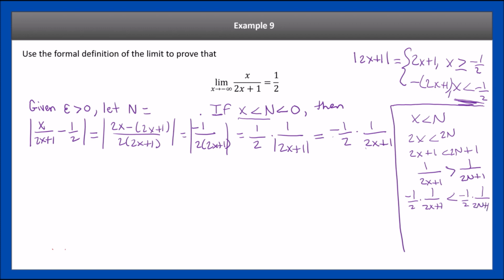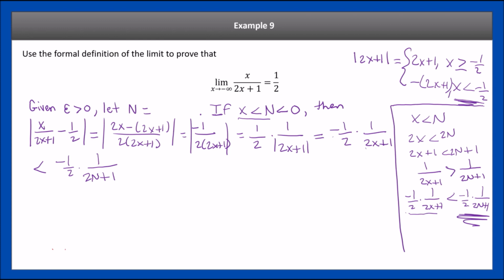So in other words, this is a less than inequality, which is good because we wanted to show that this is less than epsilon. So we're now going to replace this with this guy, in terms of n. So this is less than negative 1/2 times 1 over 2n plus 1. There you go. Now we got it less than.